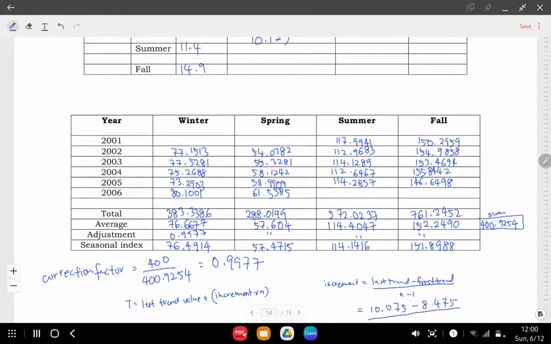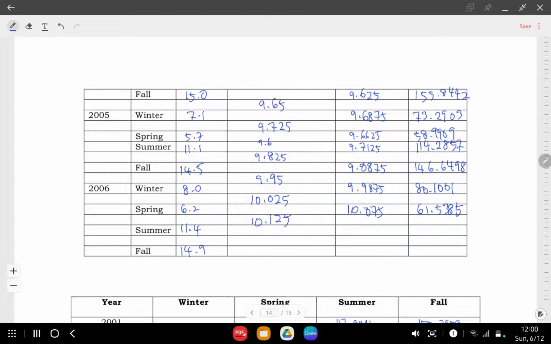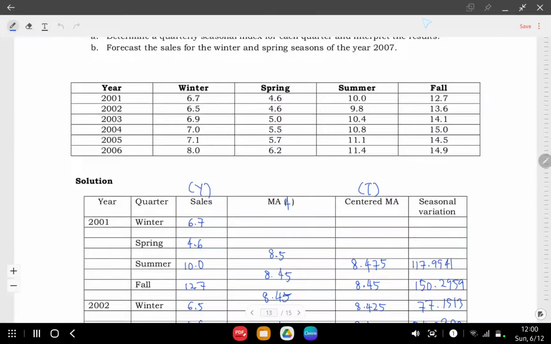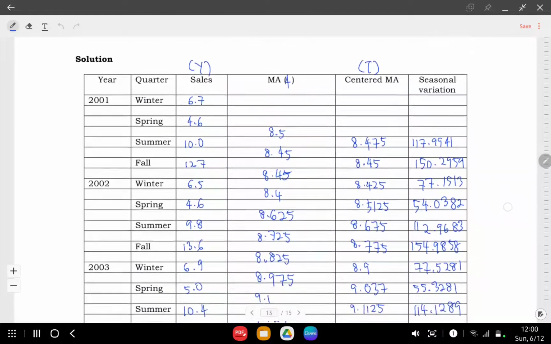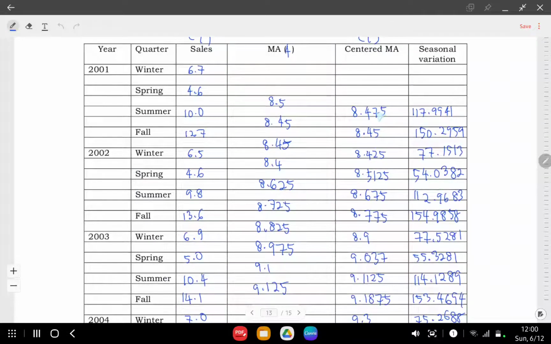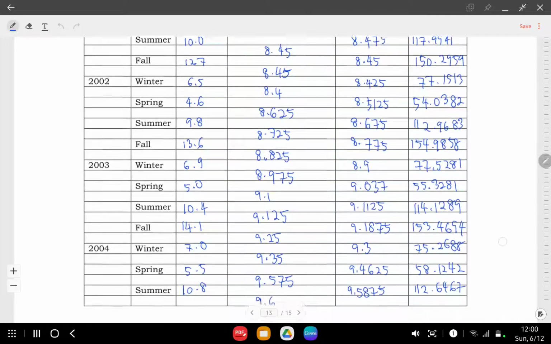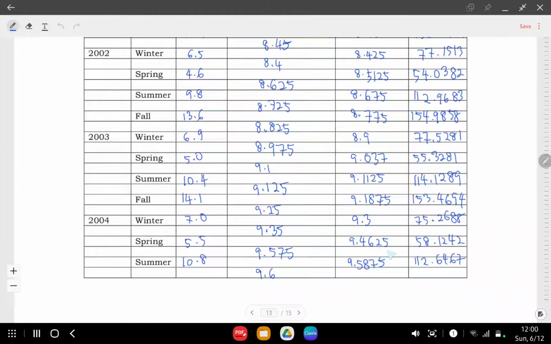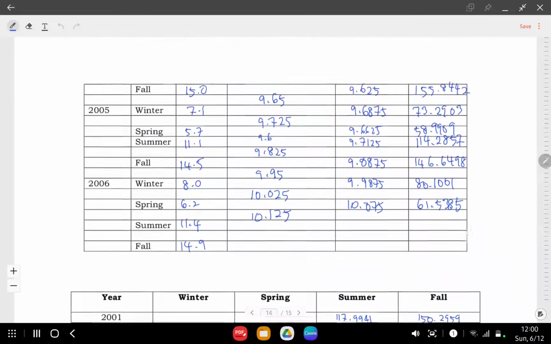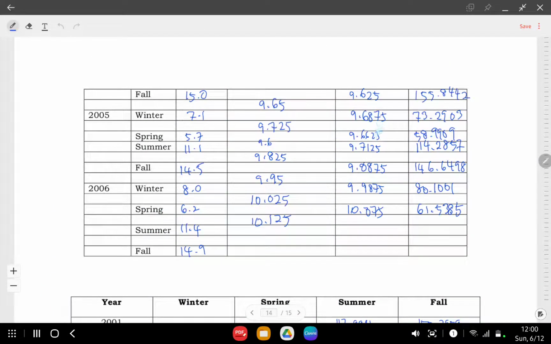So what is our n? We need to calculate here. Okay, this is our n. For the trend, how many are there? 1 2 3 4 5 6 7 8 9 10 11 12 13 14 15 16 17 18 19 20.